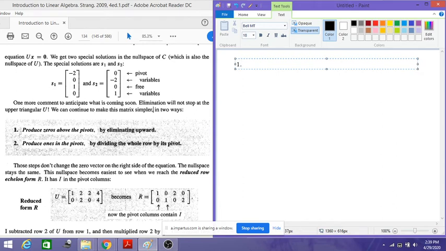First, produce zeros above the pivots. It means now we are going to the next step. So far we have stopped only at the upper triangular matrix. Now we will go one step beyond the upper triangular matrix.